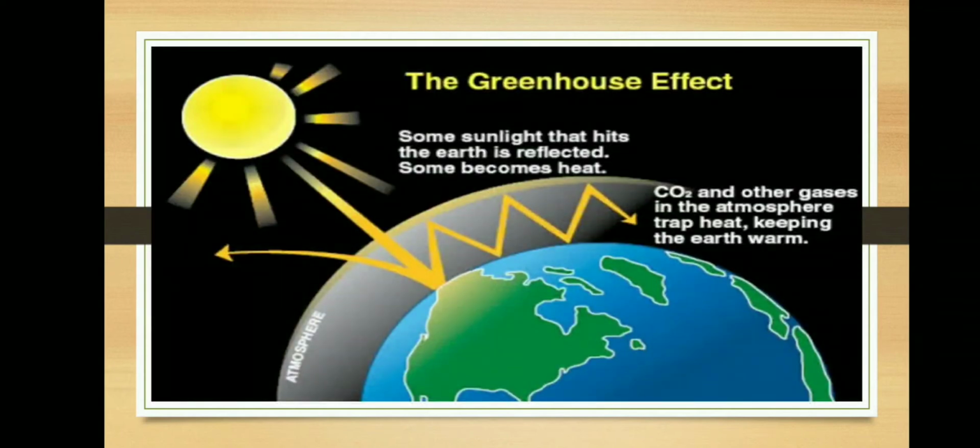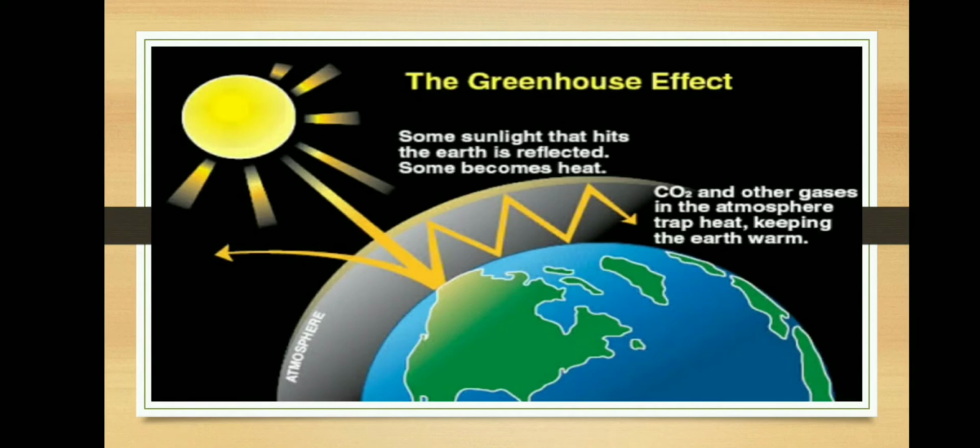Our atmosphere is a thick layer of air around the Earth. The Earth's surface traps the sun's energy and becomes warm. When the surface cools, it releases heat back into the air. The atmosphere does not allow this heat to escape out, and the heat is not escaped out entirely into the space.